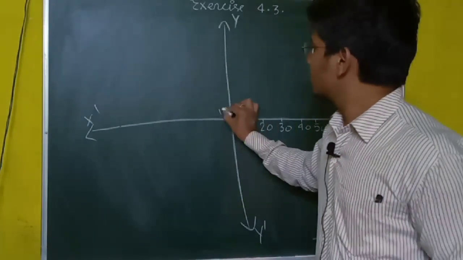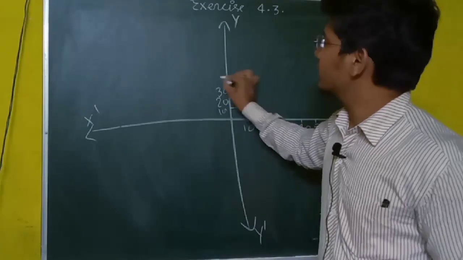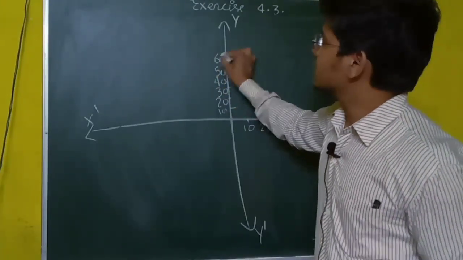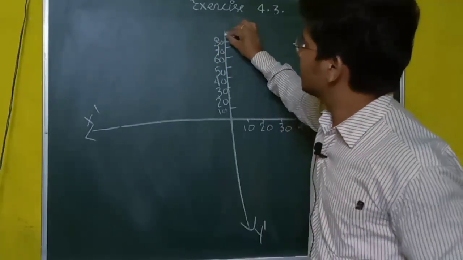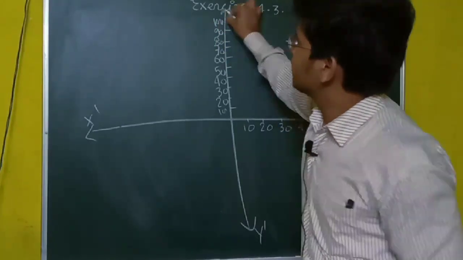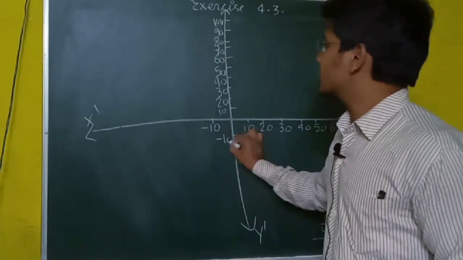Here 10, 20, 30, 40, 50, 60, 70, 80, 90 and 100, minus 10 and minus 10.